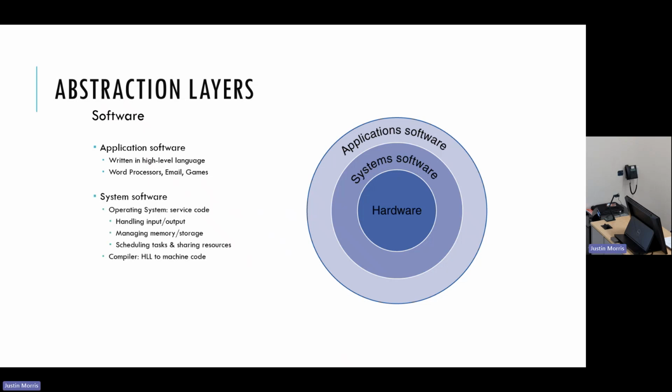All of these applications that you use. And then we also have system software that is running to manage the application software. This is going to be like your operating system. It's going to handle your input outputs in terms of your mouse interrupts, keyboard interrupts. It's also going to be managing and scheduling when the other programs are running.